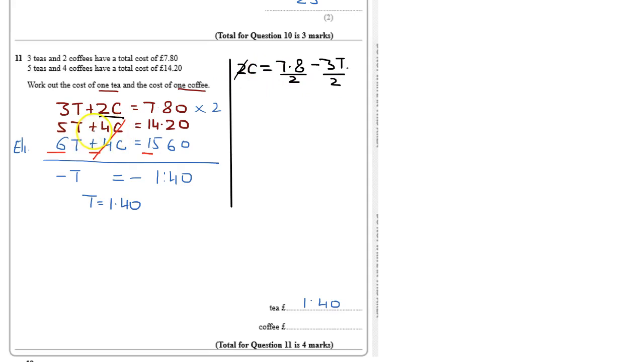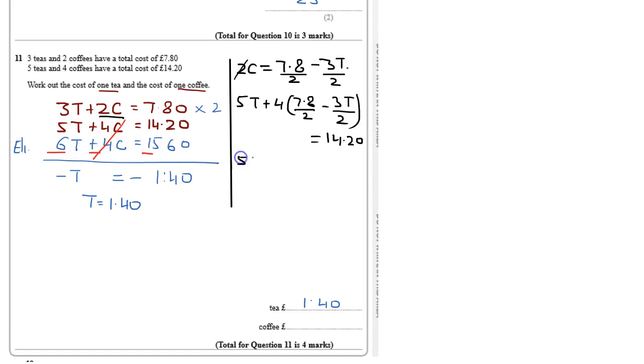So I can replace this c here. So 5t plus 4 times (7.8 over 2 minus 3t over 2) is equal to 14.20. So I've substituted the value of c here.